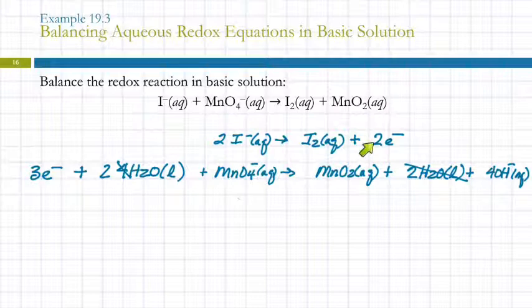And so then we've got 2 electrons and 3 electrons, and the lowest common multiple of that is 6. So we need to multiply each half reaction in order to get 6 electrons. So we multiply the top one by 3 and the bottom one by 2.